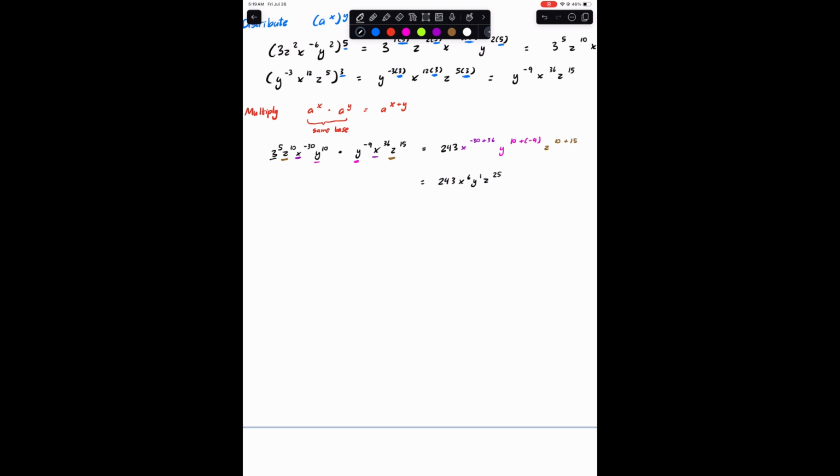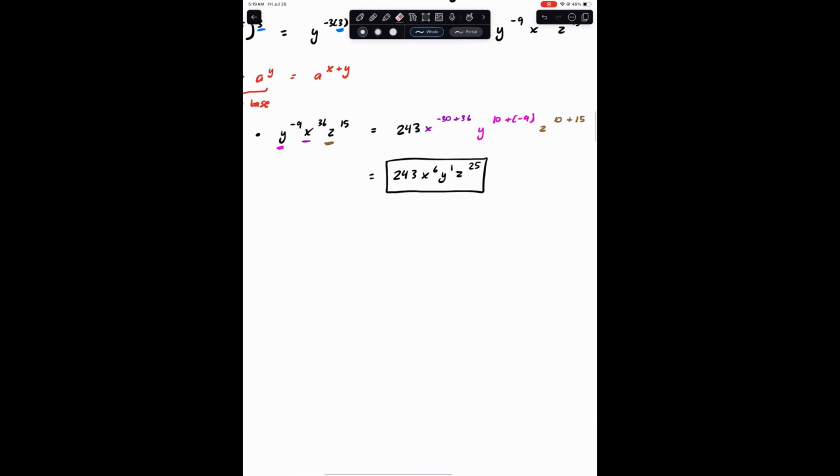Now look at my answer, and I do not have any negative exponents. That means my answer is done. You can take away the one exponent, because it's implied when you don't have an exponent that it's 1, but I'm going to leave it in there for visual clarity.